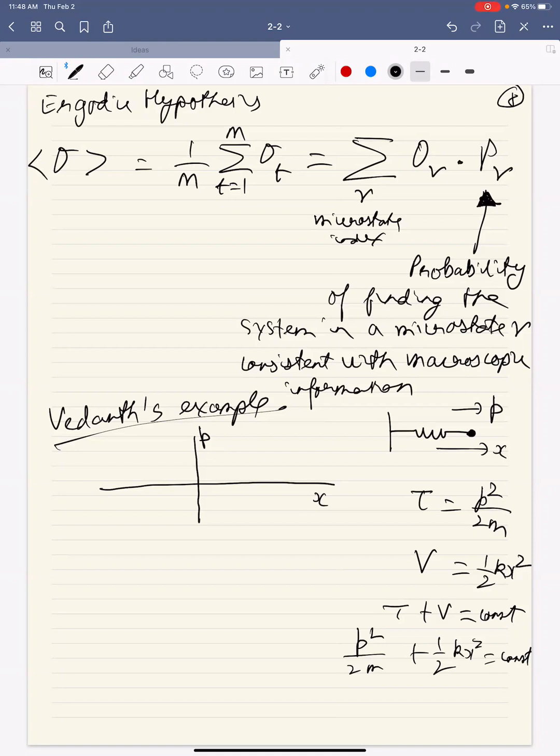So it's going to look something like this. So this is your phase space trajectory. It's stuck. It has to move on this. So now if I asked you to tell me the microscopic state probability, P nu, for a given microstate, what is the probability of this microstate over here?